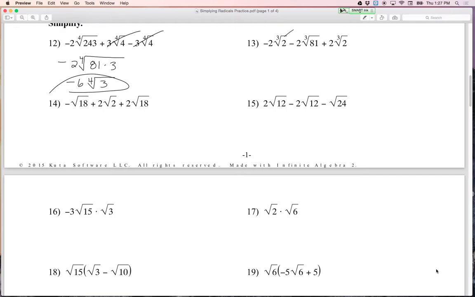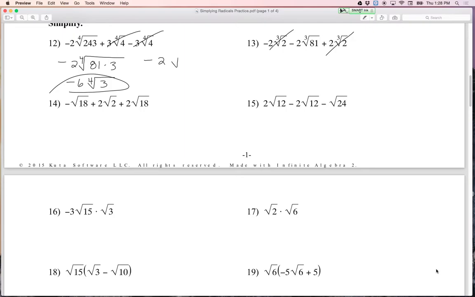Now, for Ryan, you weren't here yesterday. You just simplify each one, and then when they have the same index and same radicand, you just treat them like variables. Why do you multiply under the radical sign, like going from 243 to 81 times 3? Because I'm just trying to factor it down.